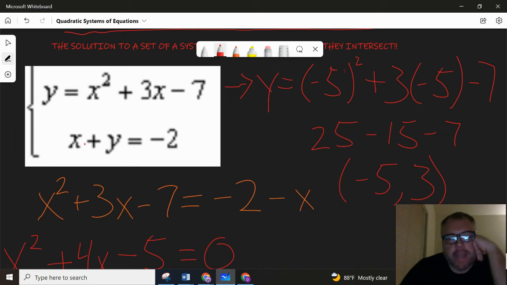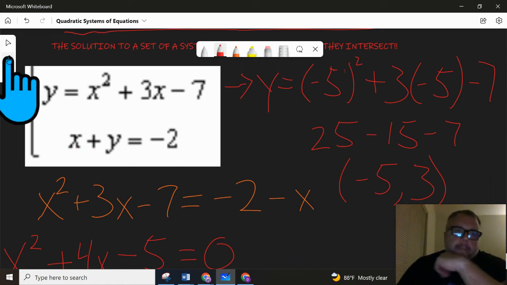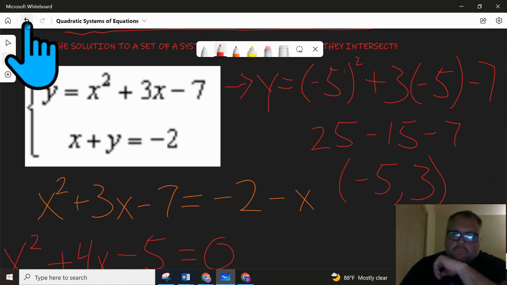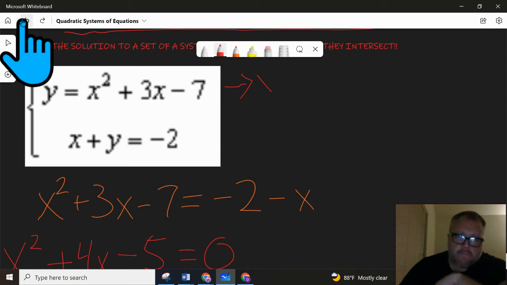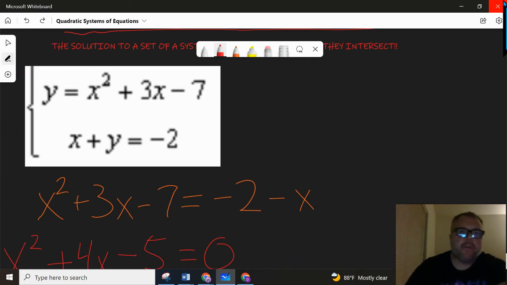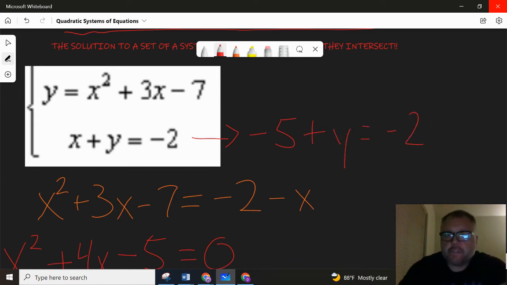And the other equation being x plus y equals negative 2. All right, if I plug in negative 5 here for x, let me go ahead and back up. Suppose I would have put it in here, which would have been easier, but like I said, it won't matter. So when x equals negative 5, add 2 to both sides to solve for y, right? y equals 3.